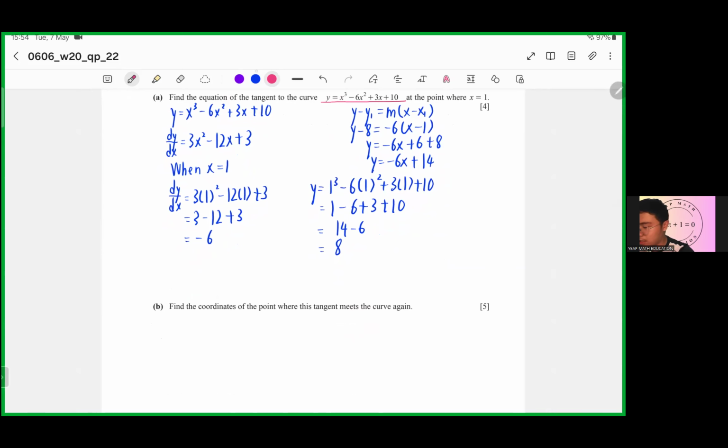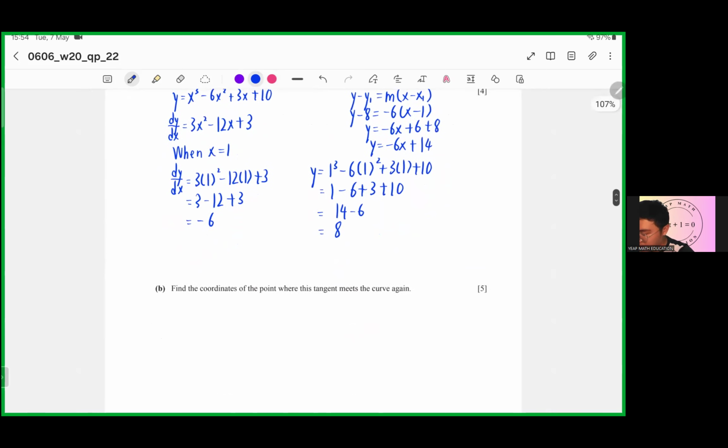Let me show how to picture it. Maybe the curve goes like this way. Because the tangent has negative gradient, maybe it meets again here. x equals 1, this is the tangent.